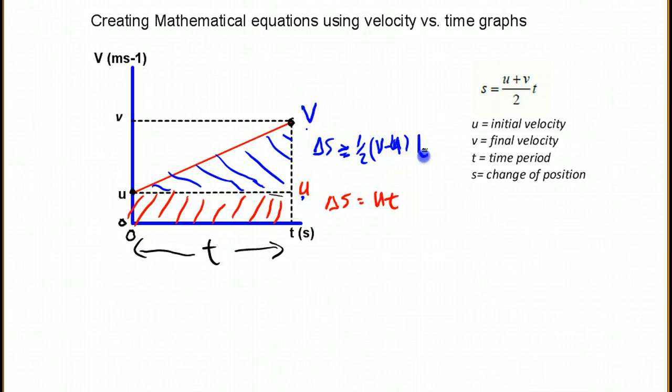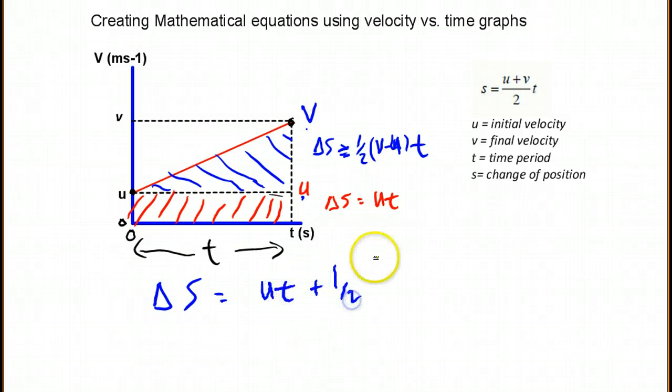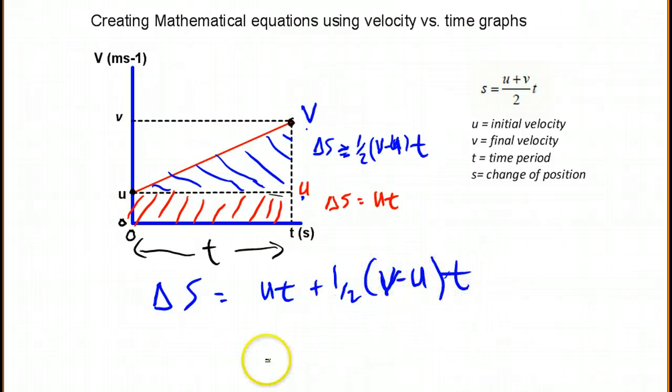Now, if we want to find the s, again, I like to write the letter delta in front. The data booklet just makes it s, assuming that you're talking about change in position. Delta s is equal to both of these parts put together: ut plus 1/2 of v minus u times t.